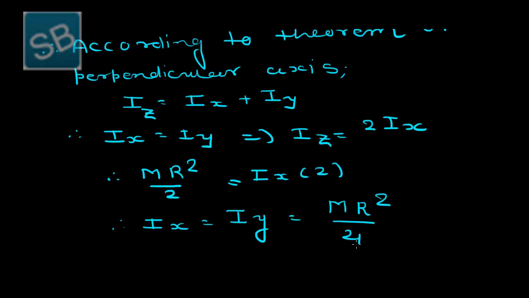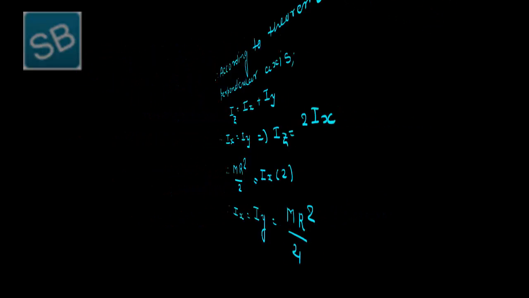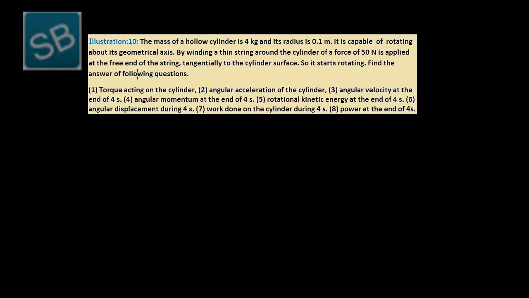Now we will solve one important illustration in which all the analysis we have performed will be attempted. Starting the new illustration, illustration number 10. Actually, this is a recollection of all the above discussed theories. Here the mass of a hollow cylinder is given as 4 kg and its radius is 0.1 meter, and it is capable of rotating about its geometrical axis, that means its origin.